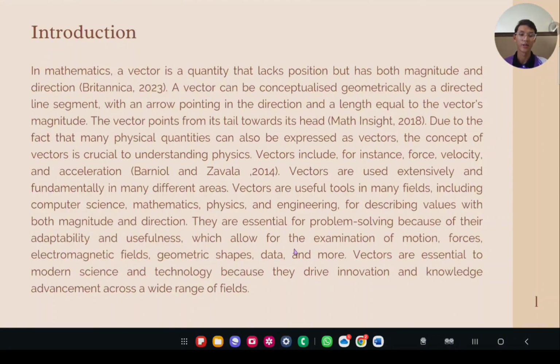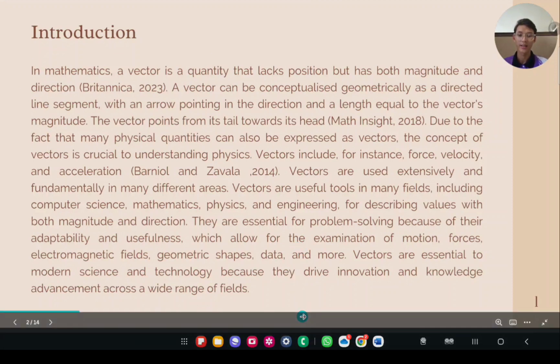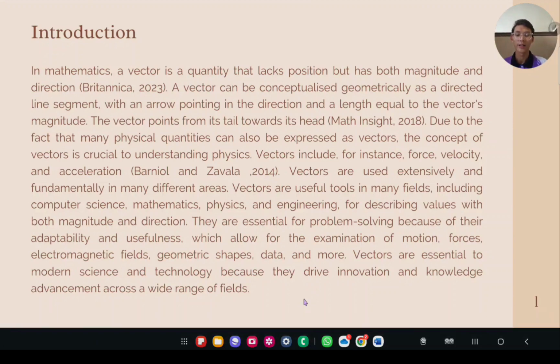Vectors are used extensively and fundamentally in many different areas. Vectors are useful tools in many fields, including computer science, mathematics, physics, and engineering.